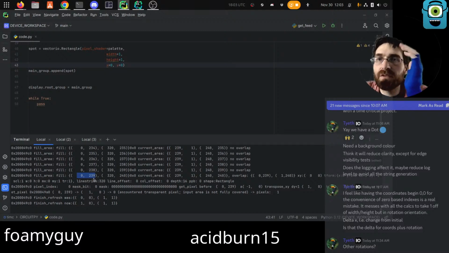Okay, I was looking in the wrong spot for the fill area fill. We do actually get a fill area fill, and we basically do have this problem again, where it's flipped around this time. Now the screen is asking for 0, 239, and we're trying to give it 1, 0 shape coordinate. That's wrong.